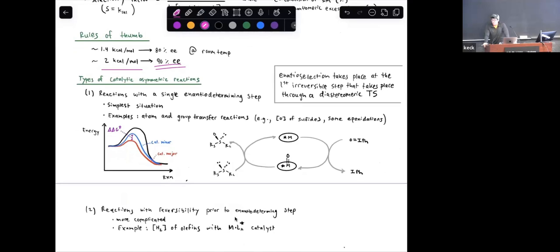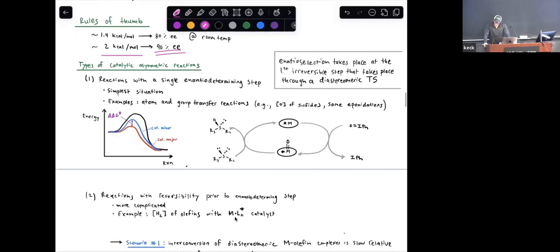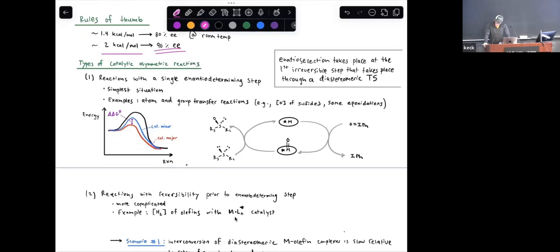So we'll consider now some types of catalytic asymmetric reactions. And here we're organizing by what the potential energy surface looks like, going from more simple to more complicated. The simplest case is where the enantioselectivity, the left hand, right hand, is determined in a single step.